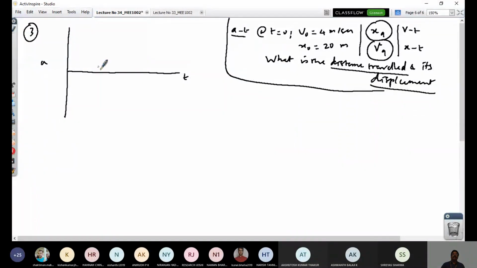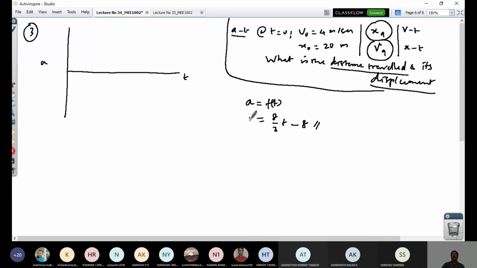So what is the given AT graph? The given AT graph is this, the equation a as a function of time, and that's given by 8 by 3 t minus 8. So that's given.